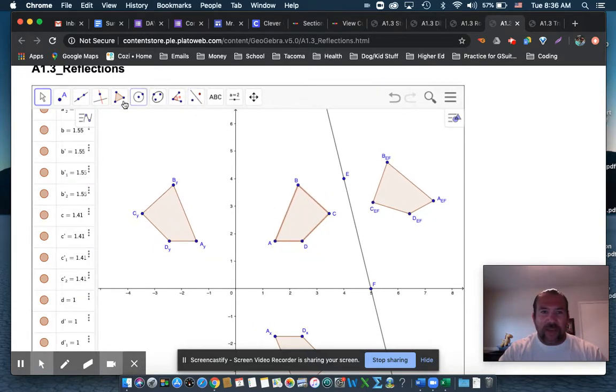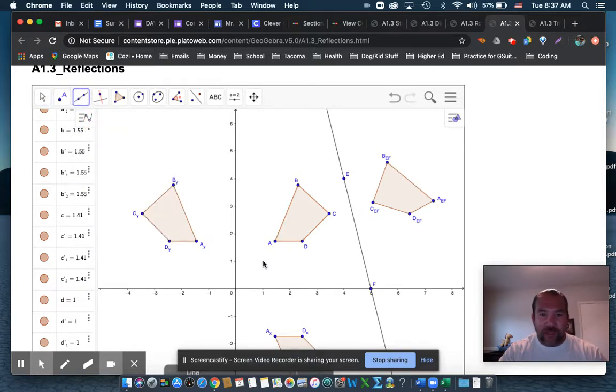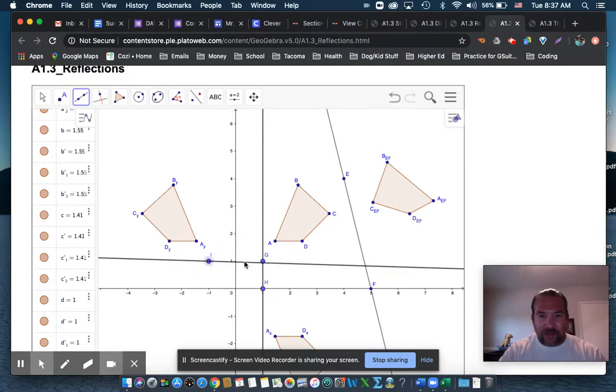But if I had a line that was straight horizontal or straight vertical, so let's say I had a line that went straight up and down like this, then if I was reflecting over this one, this would be the line x equals 1, because it's touching the x-axis, not the y-axis. This would be the line y equals 1, because it's touching the y-axis. So again, y equals 1 runs horizontal, x equals 1 runs vertical.